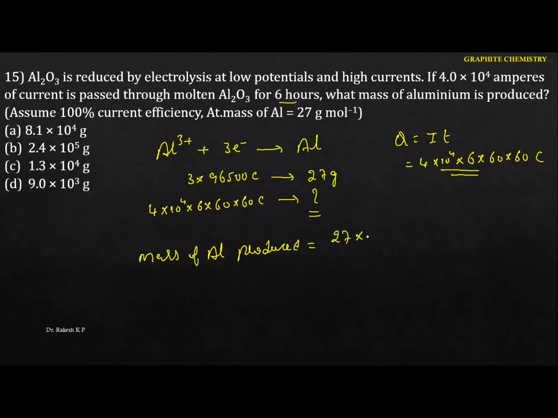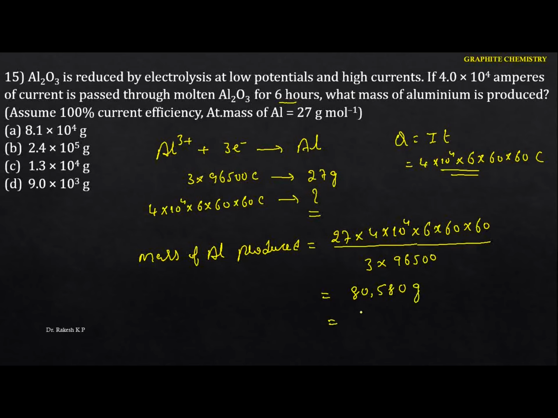27 into 4 into 10 to the power of 4 into 6 into 60 into 60, divided by 3 into 96,500. After calculating here, we got 80,580 gram.